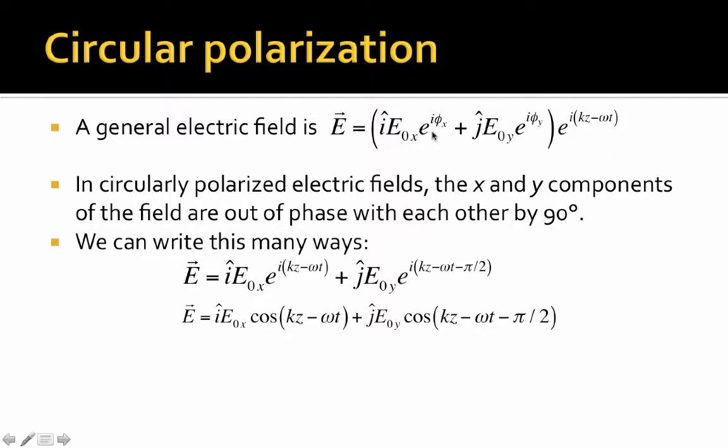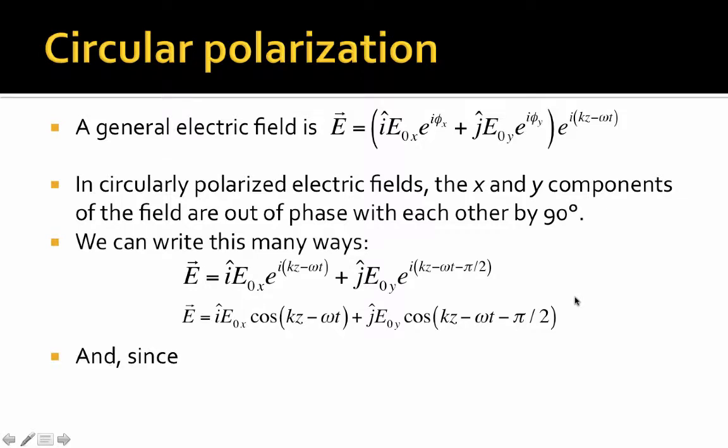And notice that now we've also got this E naught x, which is the magnitude, and the e to the i phi x and e to the i phi y. In other words, we now have a phase term for both the x and the y components. Well, in circularly polarized electric fields, the x and the y components are out of phase by 90 degrees. And so we write that in a couple of different ways, like this.